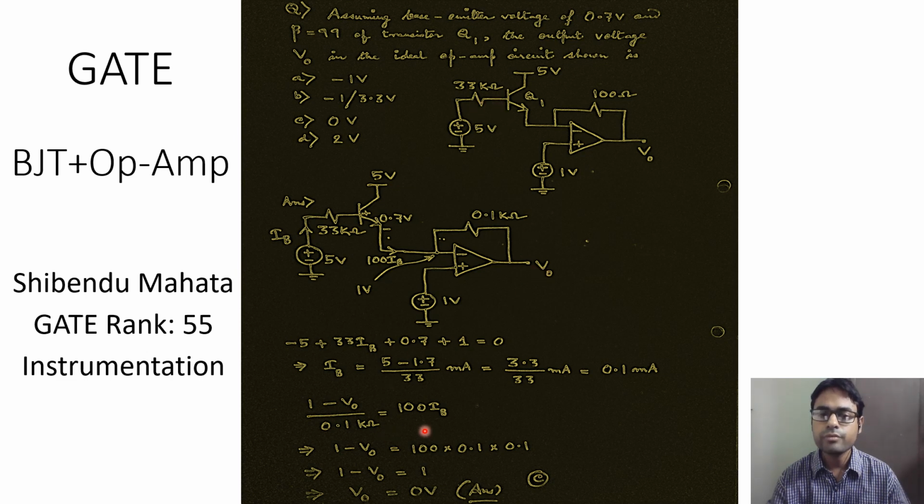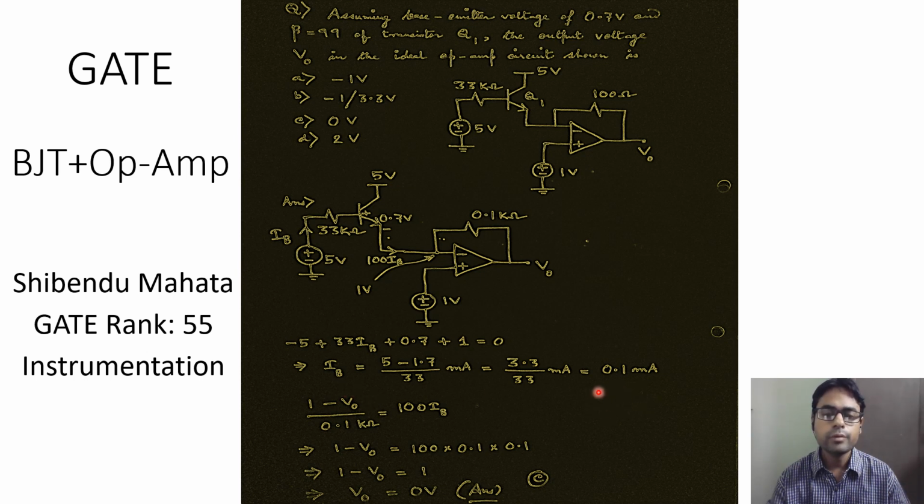Because we have found the base current, which is equal to 0.1 milliampere, the collector current would be 9.9 milliamperes, because we are multiplying 0.1 by 99.